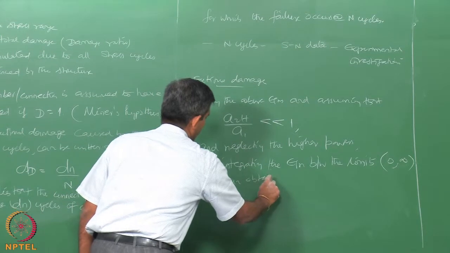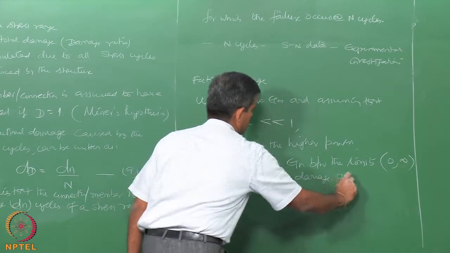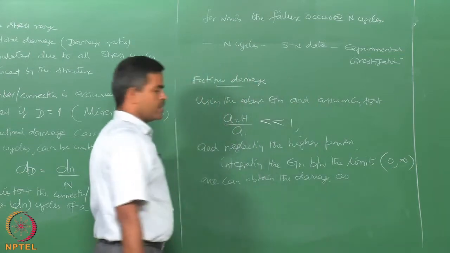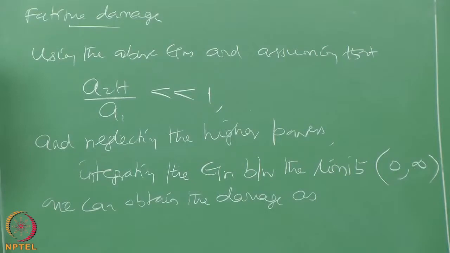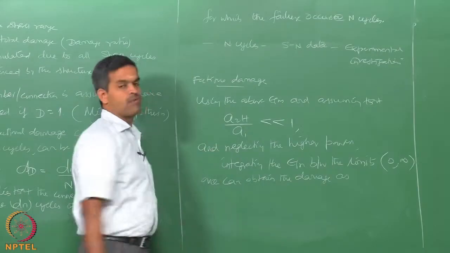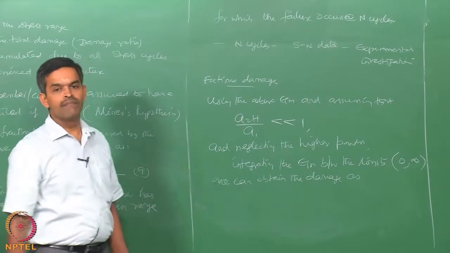So we are integrating the SN equation between the limits 0 to infinity, neglecting the higher order powers and assuming that this condition is satisfied for an SH approach model using a discrete way.